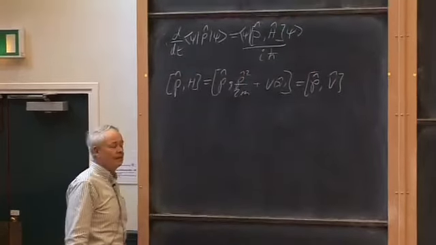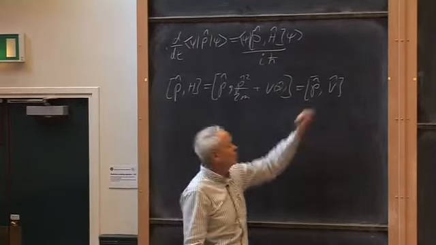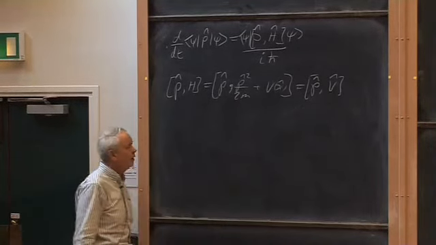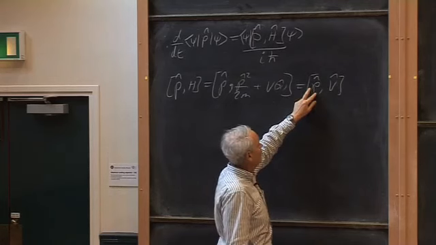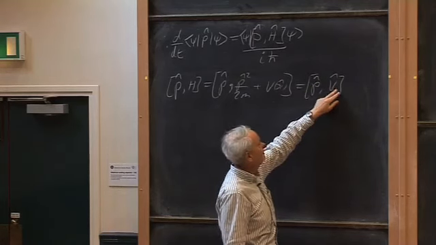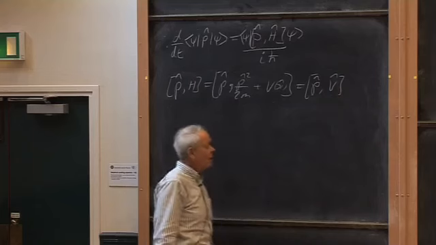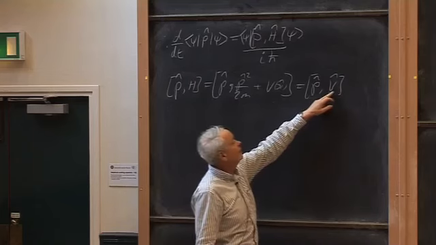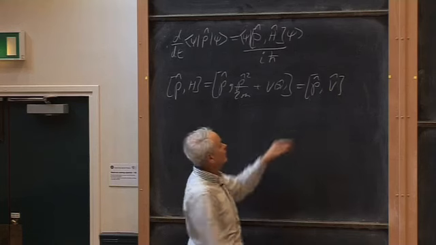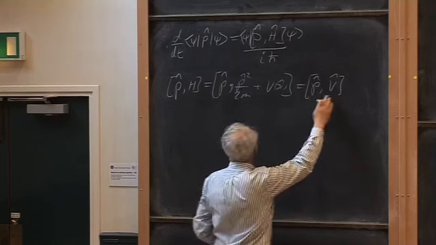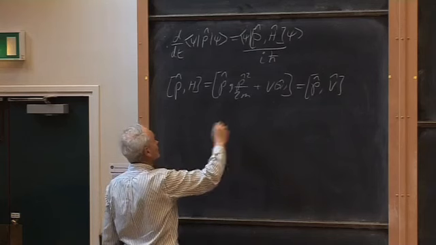When we discussed commutators, we showed that if you take the commutator of p with a function of x, what you end up with is the derivative of this operator. Do you remember what we did?